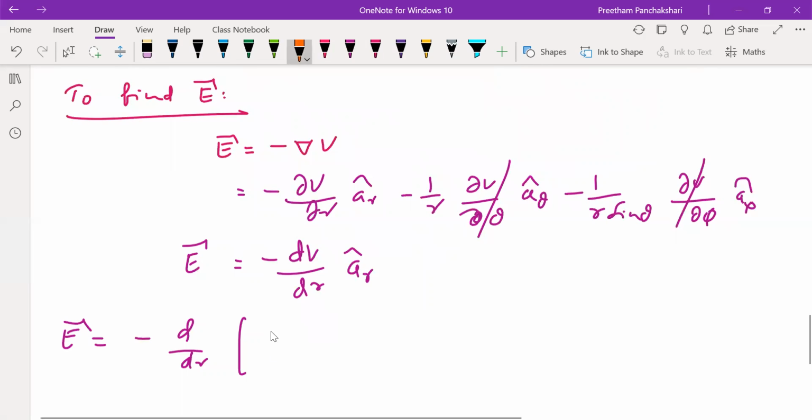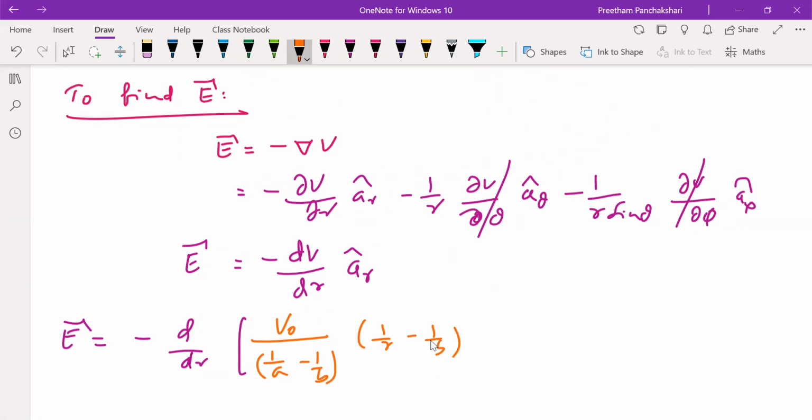The equation for V, we copy from equation 2. So it is V naught divided by 1 by A minus 1 by B, into 1 by R minus 1 by B, into A cap R. So we got this step from equation 2.